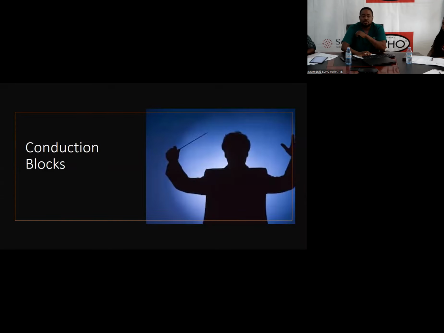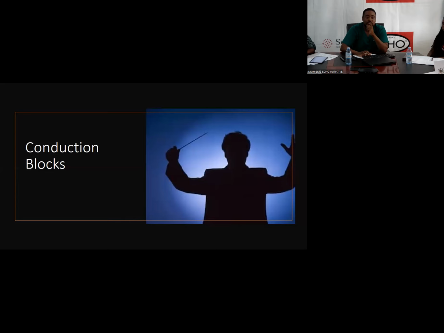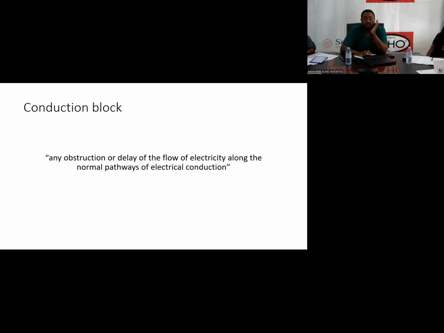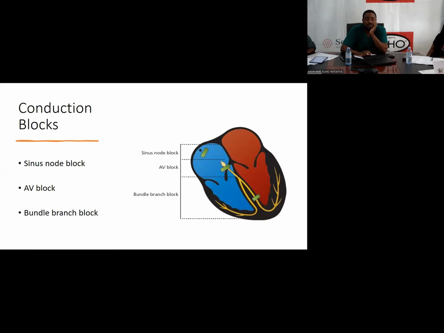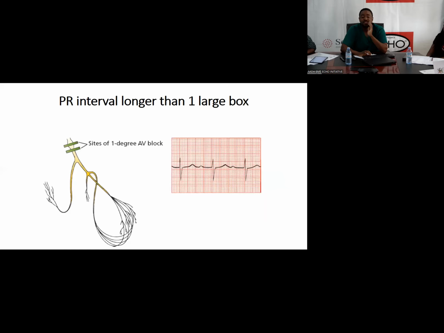Yeah, so I'll just talk about conduction blocks as I conclude, because these are also forms of arrhythmias. I'll talk about the common ones, and that's the AV blocks. There are three classes or types of AV blocks: type 1, type 2, and type 3.